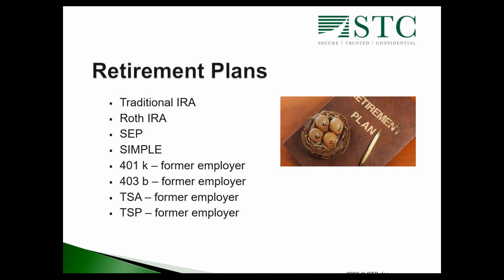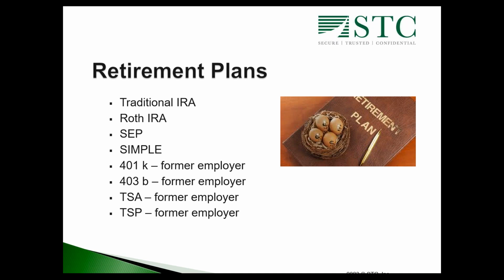Now, if you formerly worked and participated in one of these plans, you can move the money out of that plan, if you haven't already, into another plan that you qualify for, say a SEP, if you qualify for that, or a traditional IRA. And then you could self-direct those monies. Now, if you are currently employed and participating in one of those plans, you will need to check with your plan administrator to see if you are eligible to move money out.